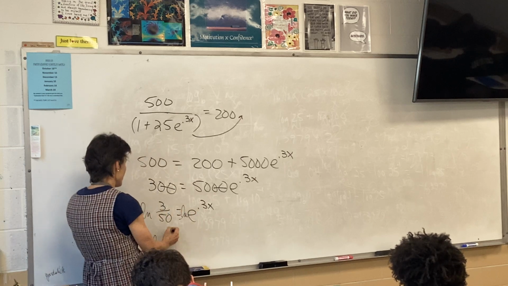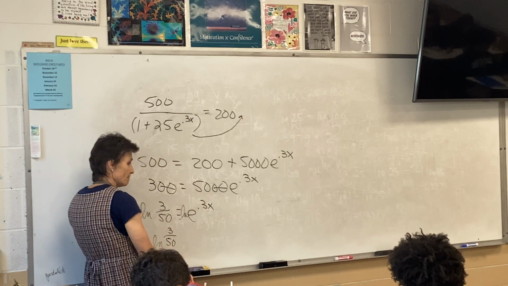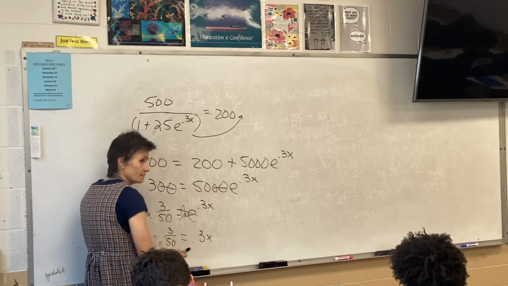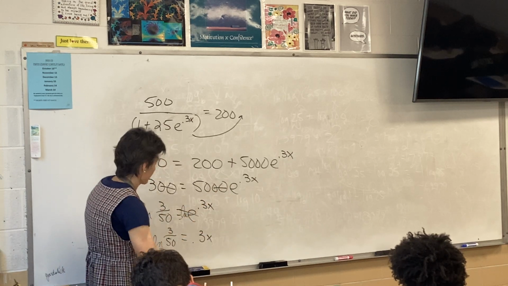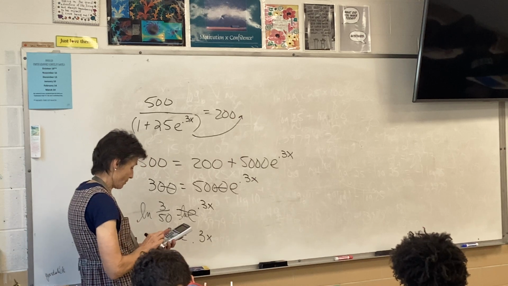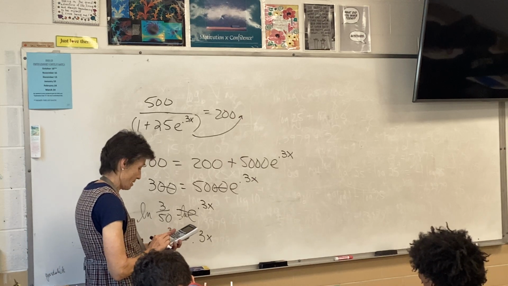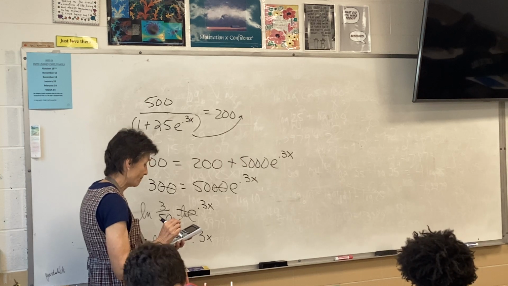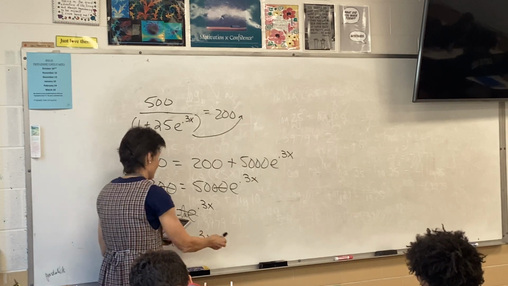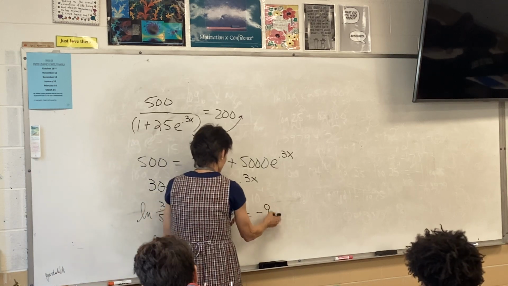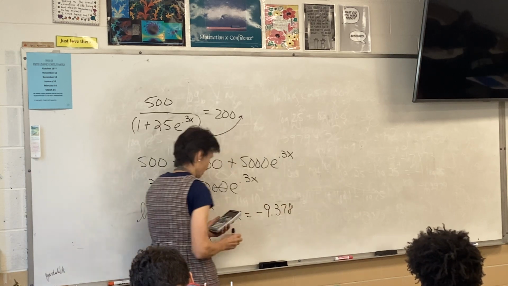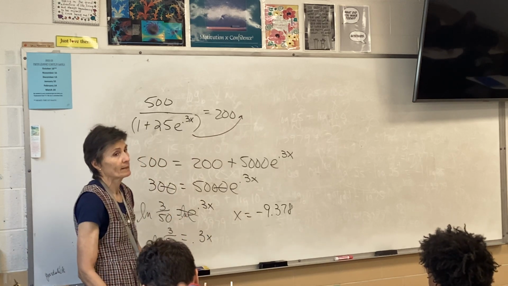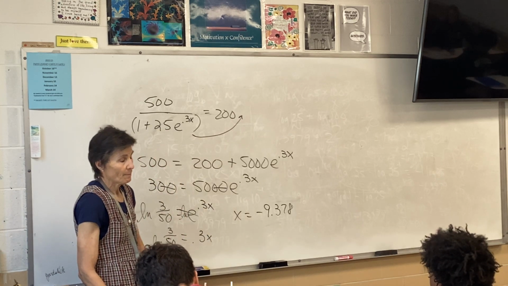So ln 3 over 50 equals 0.3x. So ln of 3 divided by 50, divided by 0.3, did you get negative 9.378? Boy, that was easy compared to that last one.